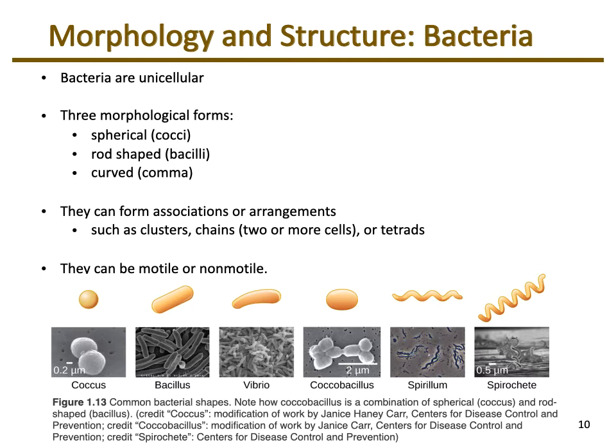If you only have two, we usually refer to that as diplo, so diplococcus, or you could have tetrads that form. So again, there are these arrangements that you can see under the microscope. In your intro bio class you would have looked under the microscope and seen staphylococcus being these clusters, or streptococcus being chains.